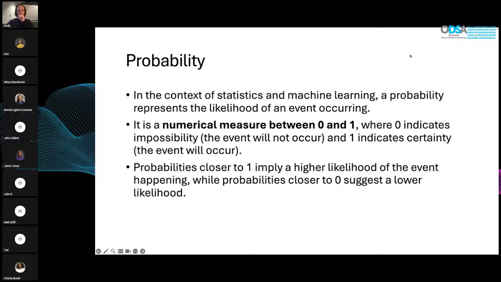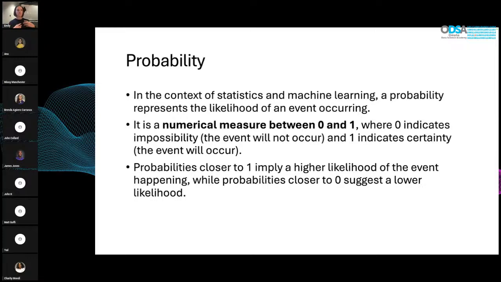So probability in the context of statistics and machine learning represents the likelihood that an event will occur. It's a numerical representation from 0 to 1 and indicates how likely it is that something will happen. Values closer to 0 are more improbable, and values closer to 1 are more certain.